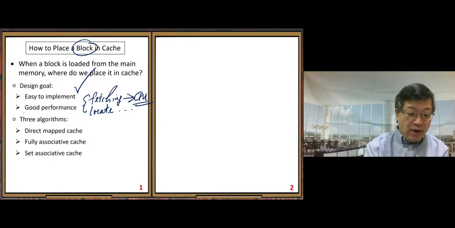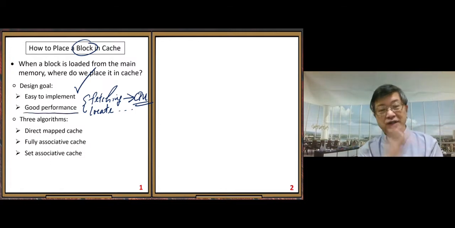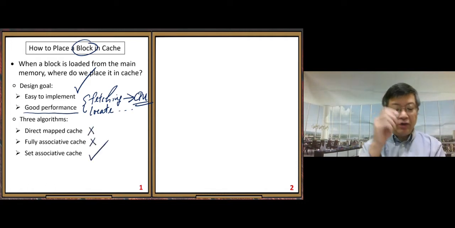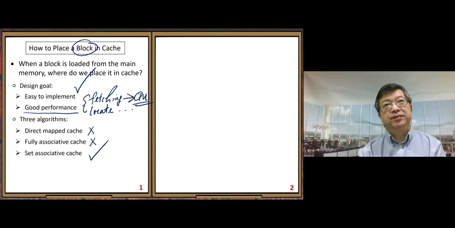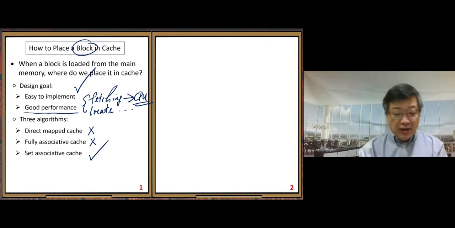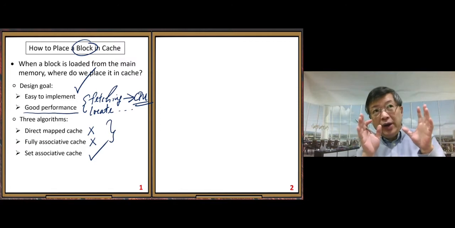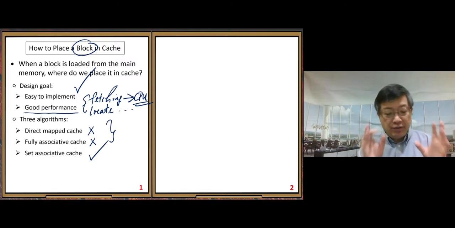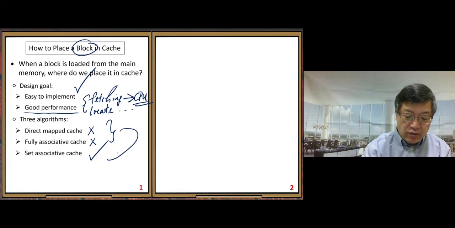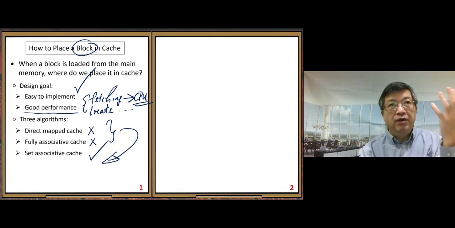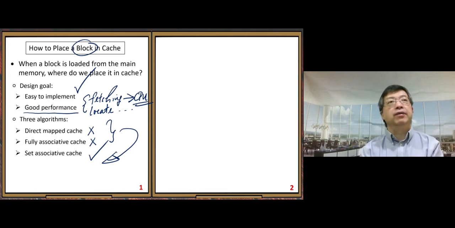But for good performance, here I can tell you the answer: the first one, performance not good. The last one, the performance is good. The reason we start with the first two relatively bad algorithms is that we want to use them as the background for the third, efficient algorithm.